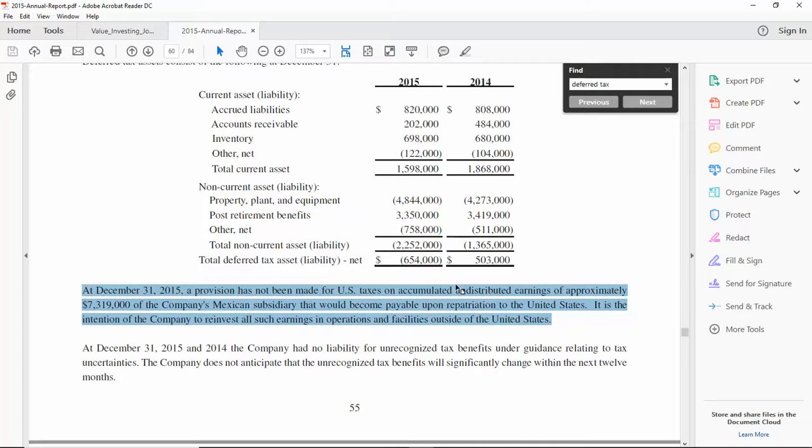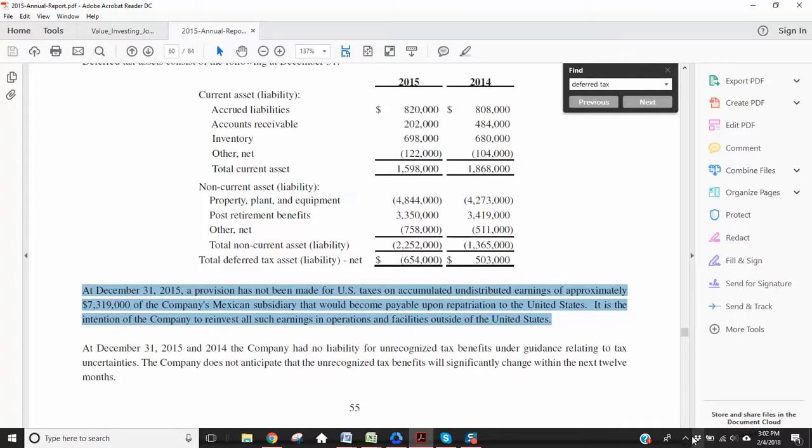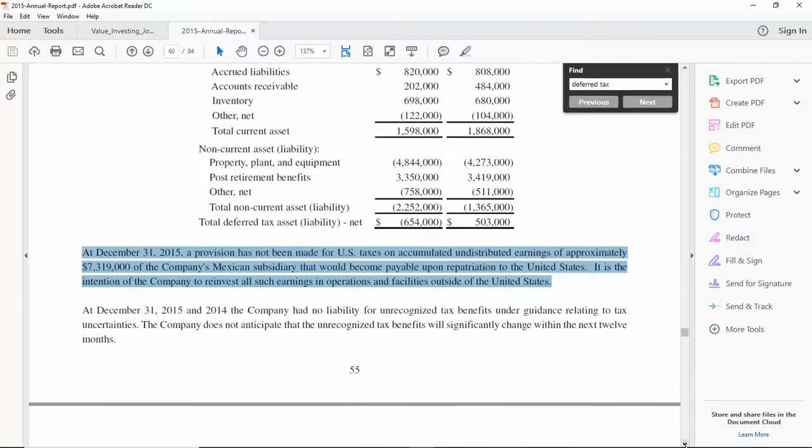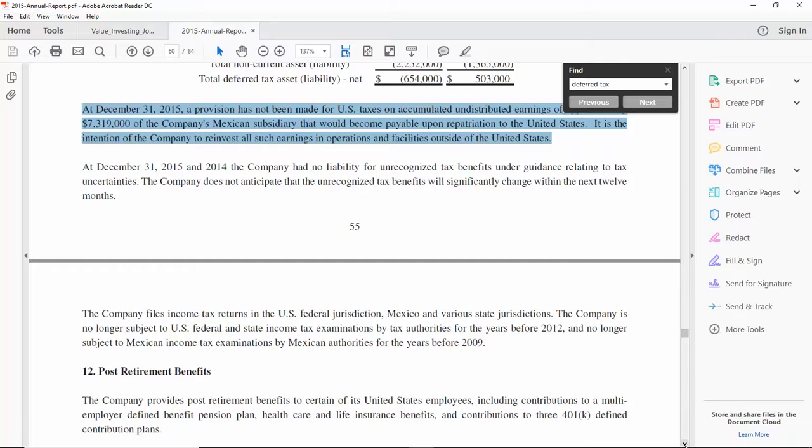Nothing really important here. If they were saying something along the lines of, we are thinking about repatriating this money, or if this was United States based net operating loss carryforwards or some kind of other tax credit, this would add extra value, but I don't see any of that here yet. So I would leave that out.